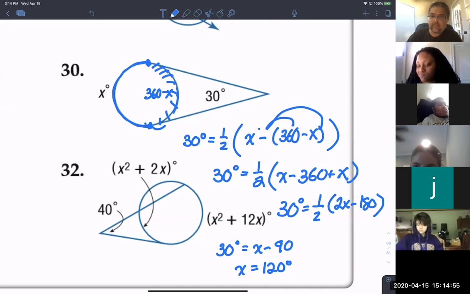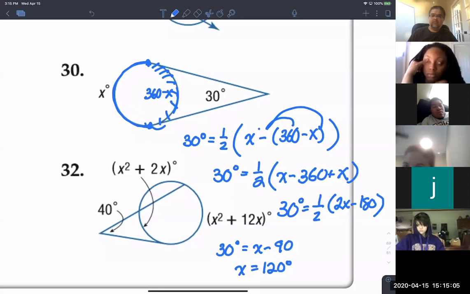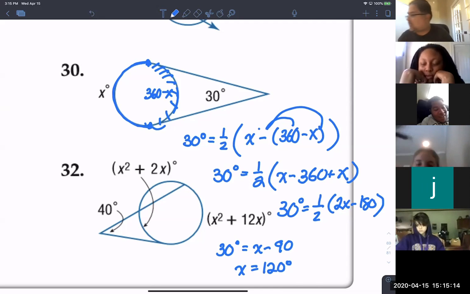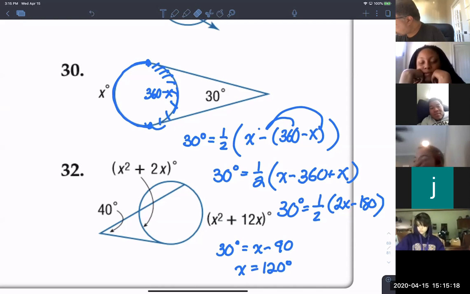Any questions? Yeah, okay, so. All right, I see where you got 30 equals 1x and it's still in parentheses. How did you go from 2 or x minus 360 plus? Oh, yeah, I made a mistake, sorry.